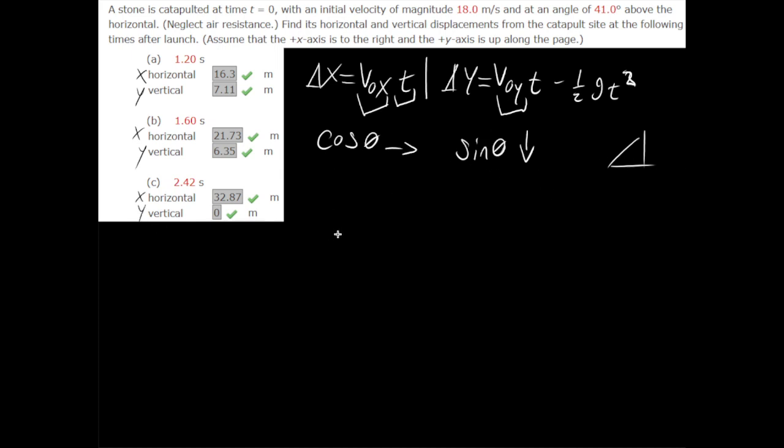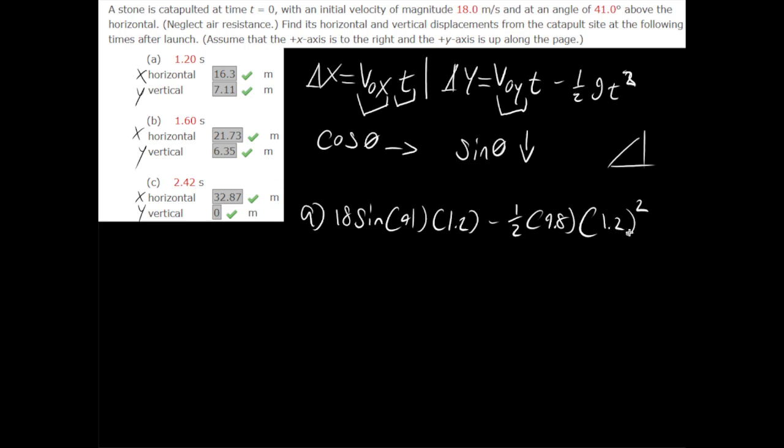We would do, for A, it would be 18 sine 41 times 1.2 minus 1/2 times 9.8, because that's the acceleration due to gravity, times 1.2 squared. And that is 7.11.